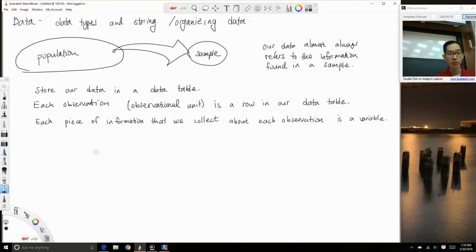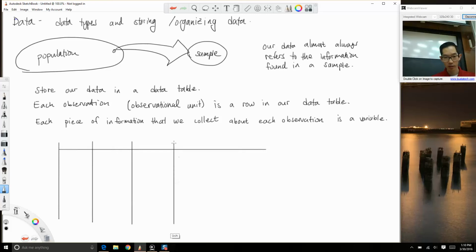Okay, and so our table will look something like this. We could imagine saying, this classroom is the sample, so our sample is the students in the class.